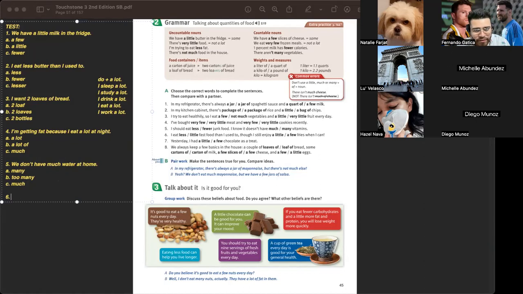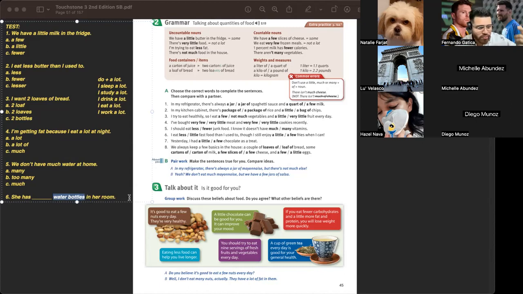This one is going to be confusing. Okay, so pay attention, please. Listen, water bottles. Is this countable or uncountable? Countable, because bottles has S, it's plural.